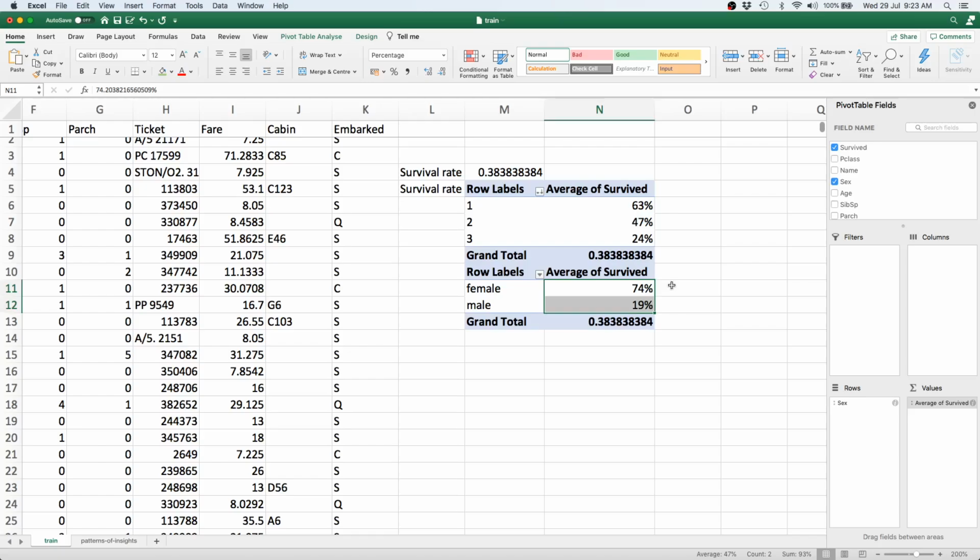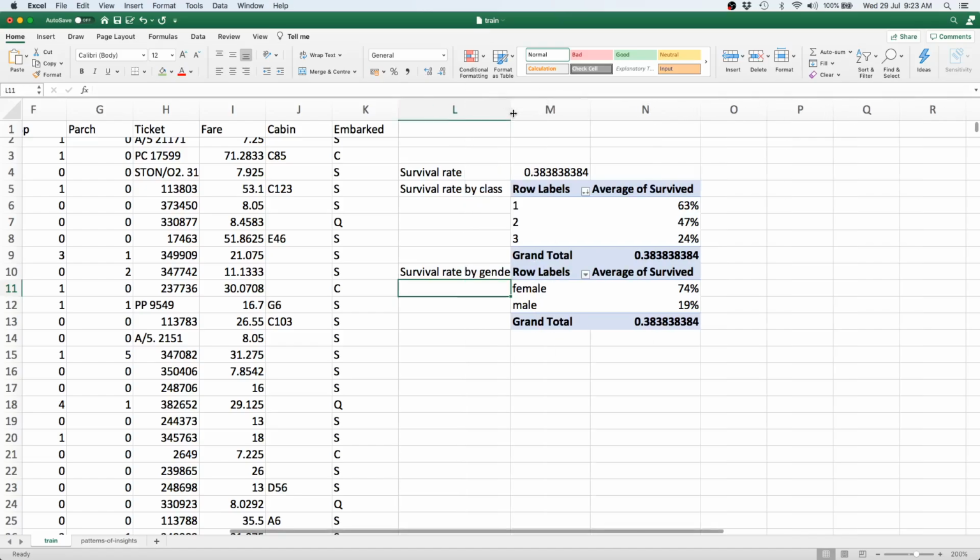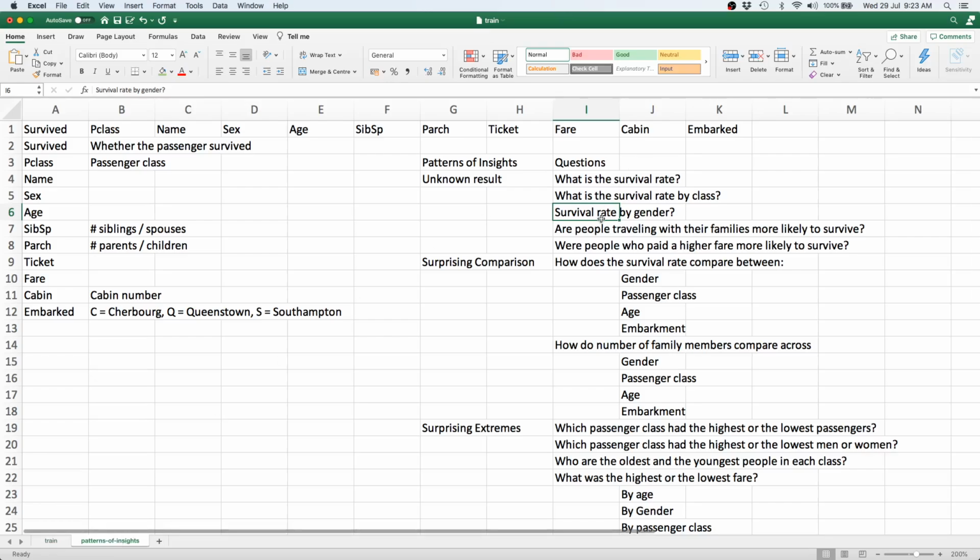So that answers our next question, which is what is the survival rate by gender. So let's add this also here. Let's give this a little more room so that we can read what we have done. Let's go to the next question now.